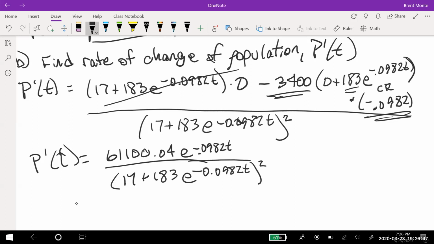Now be careful, I see this all the time. Students want to cancel that E on the top with the E on the bottom. We can't because of this plus right here. You can't cancel a piece of a term. Things added or subtracted, remember those are terms. You cannot cancel those e's. Don't do it. It won't turn out correct. All right, so anyway, that whole big old monster is my derivative.